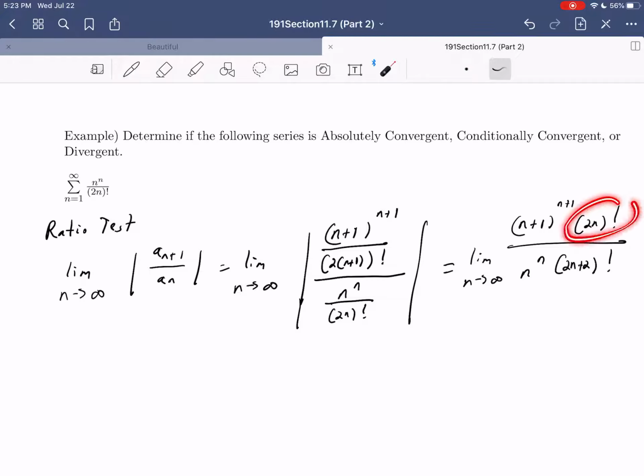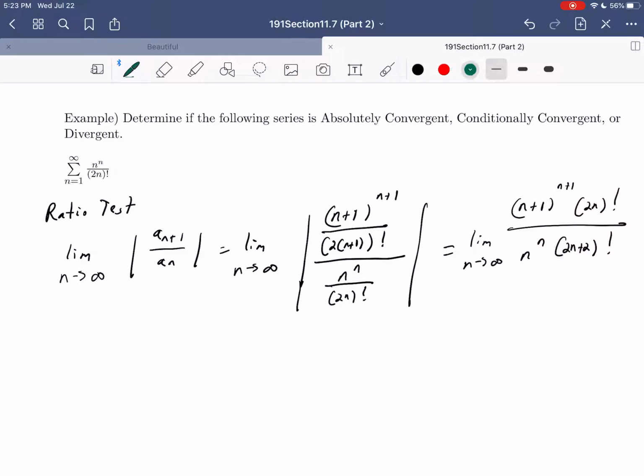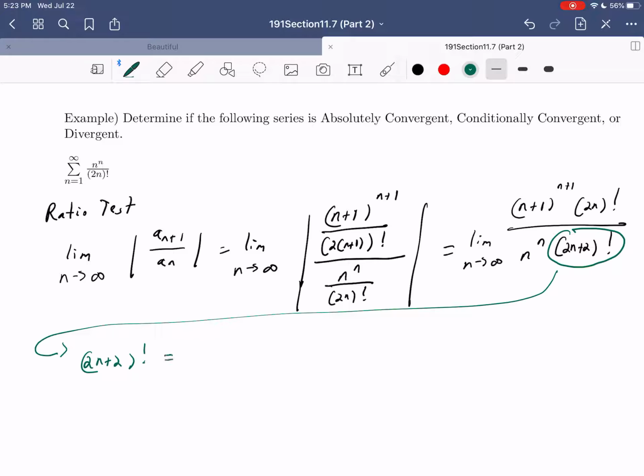Okay, how are we going to simplify these? Well, let's take a little moment to think about this guy here. If we think about 2n+2 factorial, that's (2n+2) times (2n+1) times 2n times (2n-1) times dot dot dot times 2 times 1. What do we notice about that?